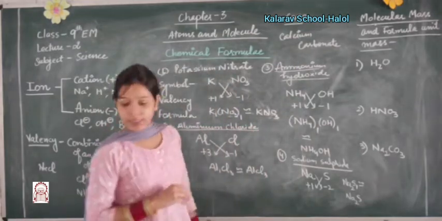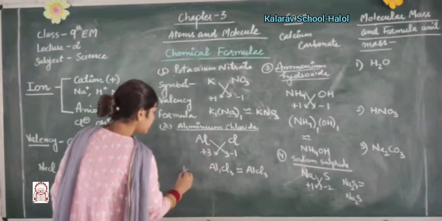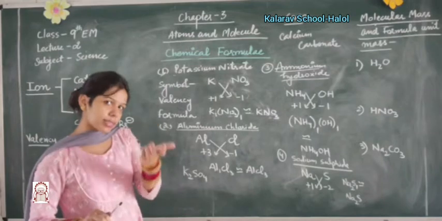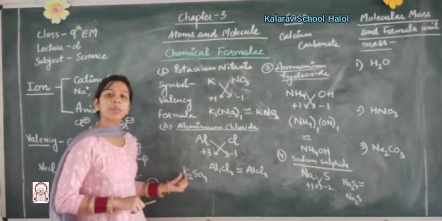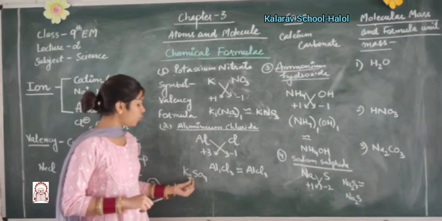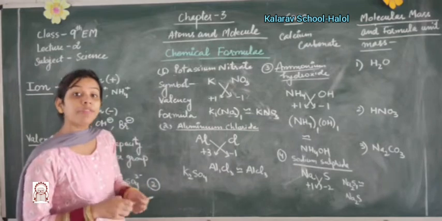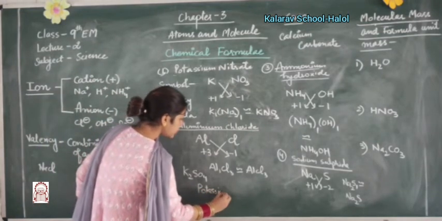There is also another example, that is K2SO4. Here you don't need to see any valencies. K is the symbol of potassium and SO4 valency is 2 negative. So the name is potassium sulfate.